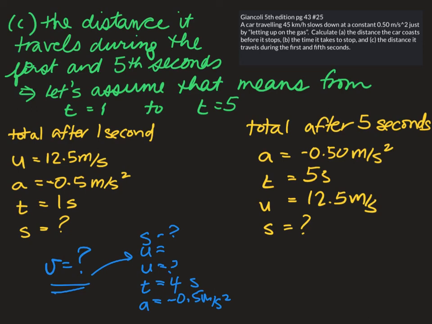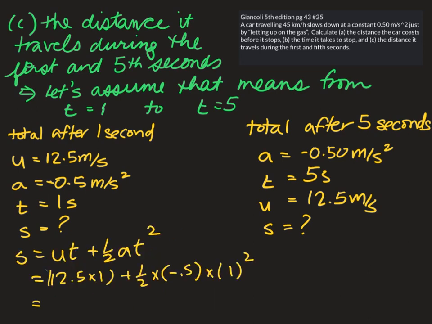I'll show you what I got for my values written there in yellow. Now, if you go and find the distance it travels, I need the equation that has those 4 variables. You can see I've selected it there. I've substituted in my values, and you should get 12.25 meters.